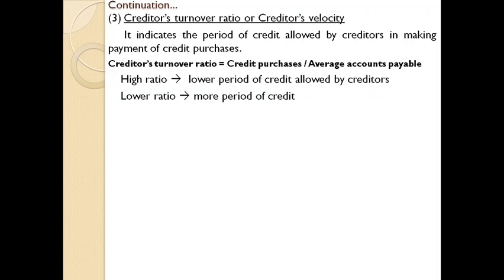So from a business point of view, a lower ratio is good because you are getting more time for repayment. If you are getting a higher ratio, it means you need to pay back quickly. So it's a common logic that works between debtors and creditors. You are aware of what is meant by debtors and creditors, so you will understand the concept while dealing with cases relating to creditors turnover ratio.